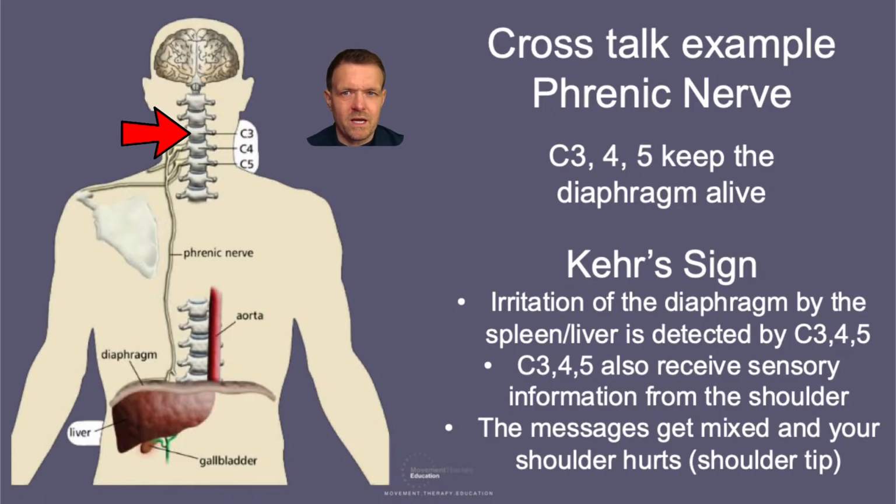The other areas supplied by C3, 4, 5 include this area of your shoulder, so the sensation from here also goes into those nerve root levels. So we have this crosstalk. The information is actually coming from here, but because of the shared nerve root, the brain thinks it's coming from here, and you get shoulder pain, usually on the left.